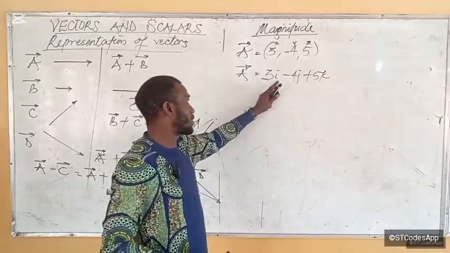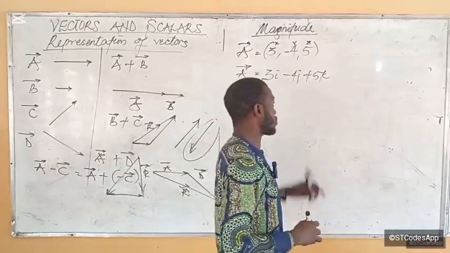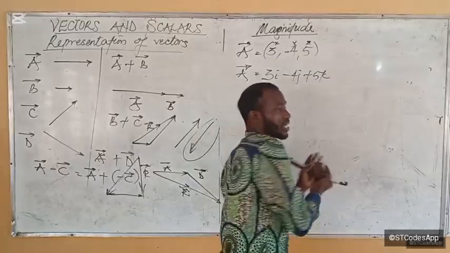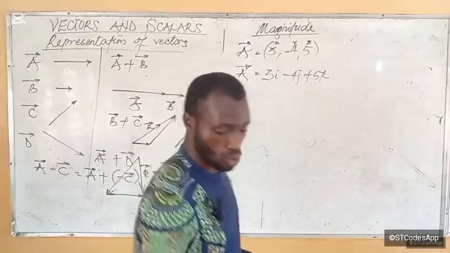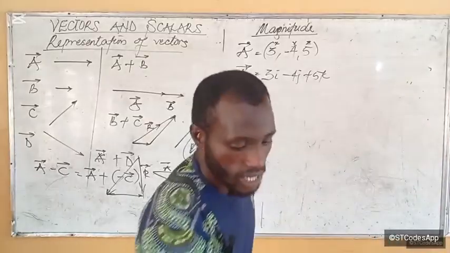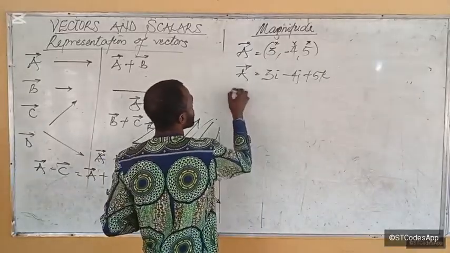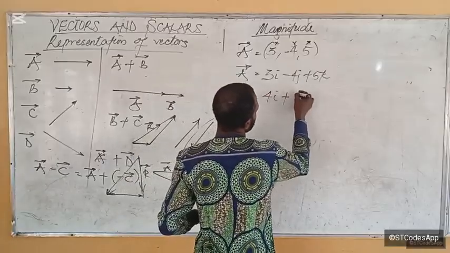But because they are in different units, we cannot just use 3, minus 1 and 5. We have to put ijk values, which correspond to different units. Do you understand? The i unit is for the x-axis, the j unit is on the y-axis, and the k unit is on the z-axis. So according to their values there, I have 3i minus 4j plus 5k.